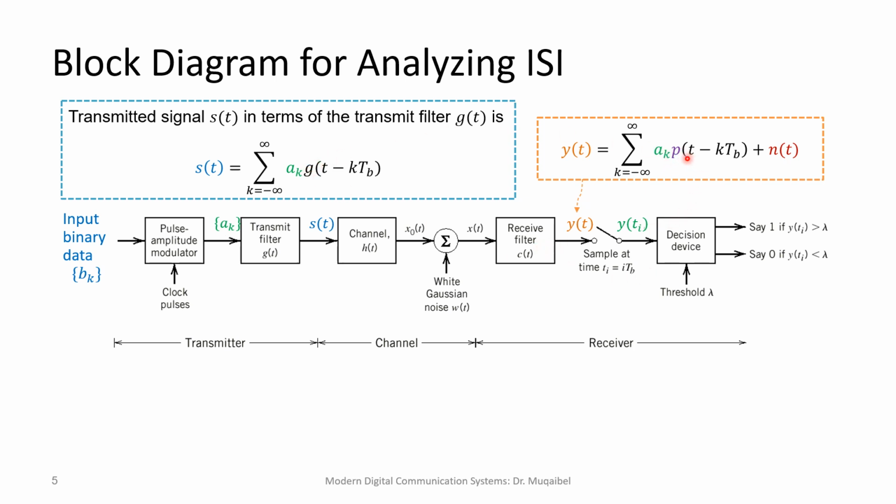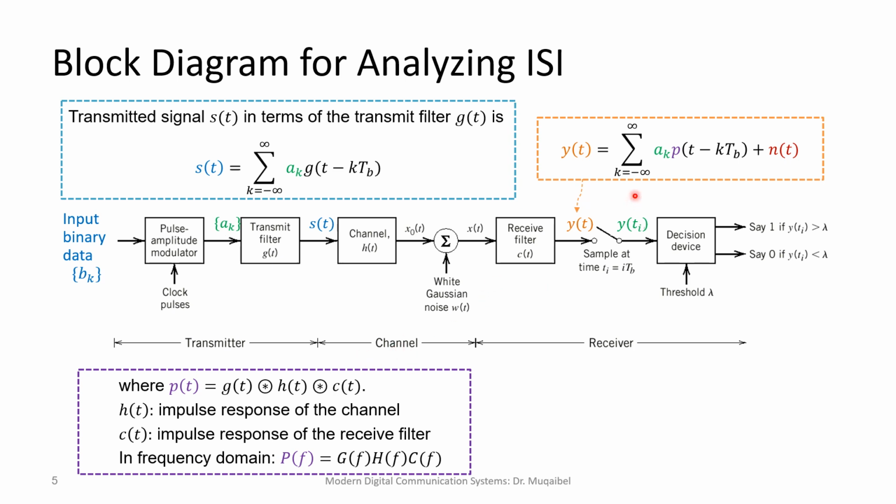So P is the result of going through the channel and the matched filter. This pulse shape will be adjusted by the channel and by the receive filter. So this is why we don't get G of t here, we get P. We also have the scaling factor for the signal, and we also have the noise. The noise, N of t, is the white noise after going through the filter.